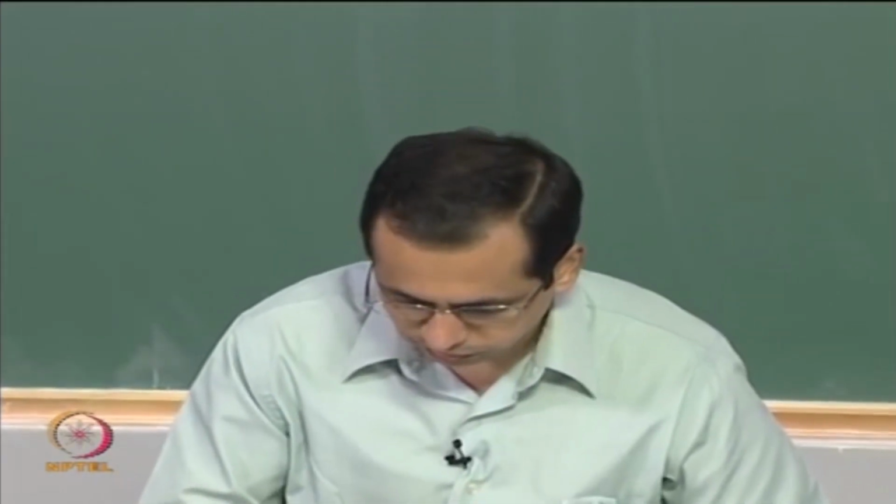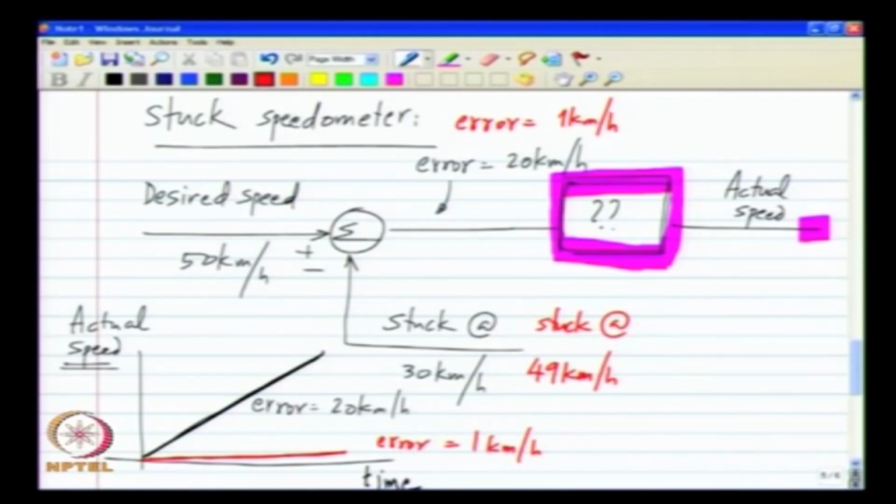You do not actually do the same thing that you did when the speed was 30 kilometers an hour. So in this case the speed will go up gently according to the red curve here. It is still going up, but it goes at a much lower rate. So this is the behavior of the actual speed of the motorcycle with time for different values of error.